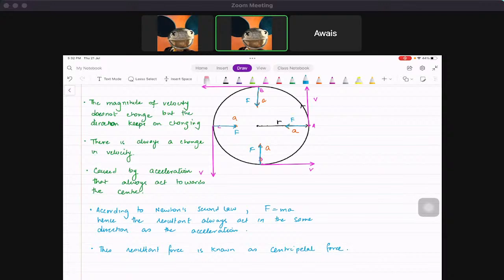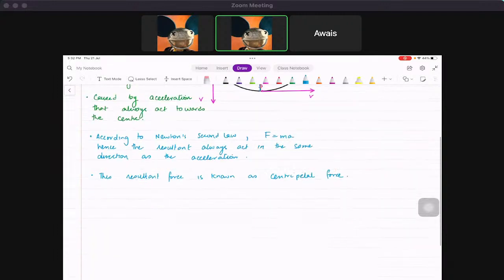Okay, now let's look at some of the examples. First of all, we are going to talk about a car turning a roundabout.